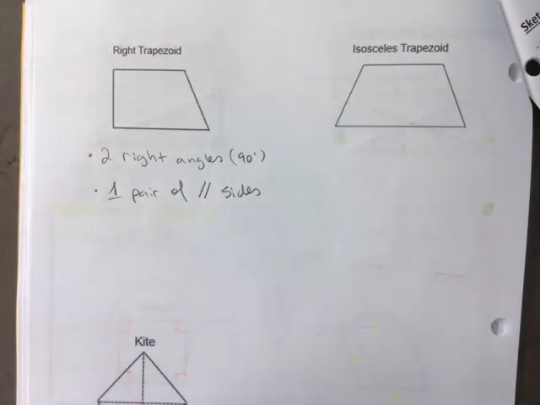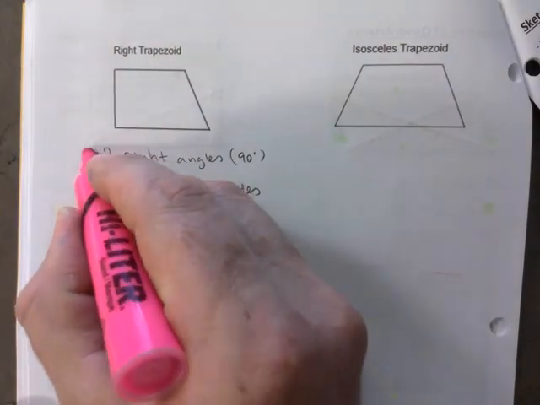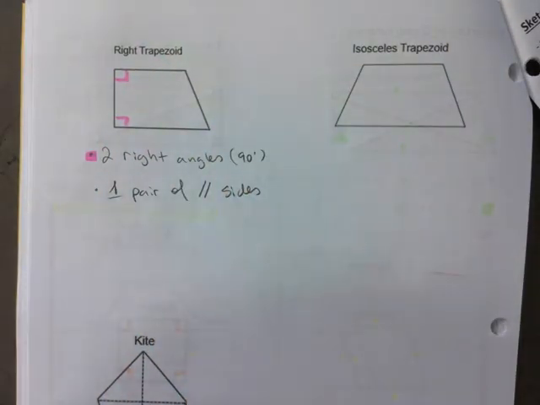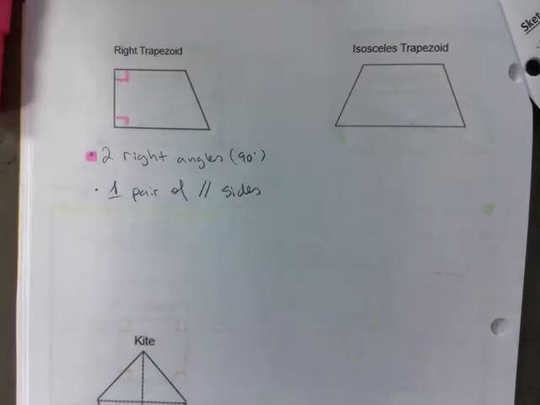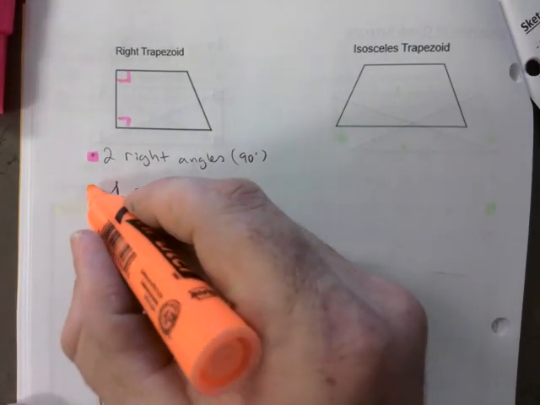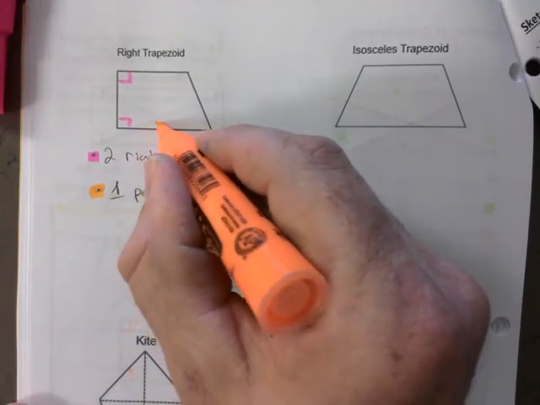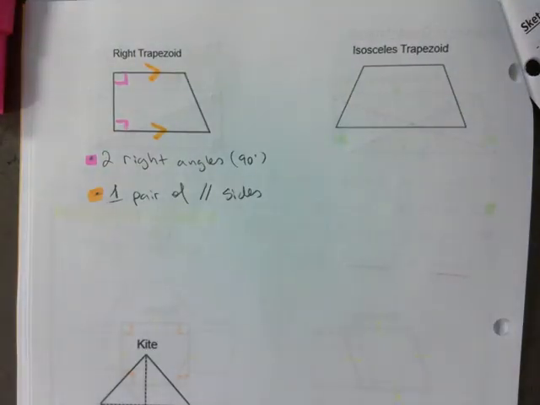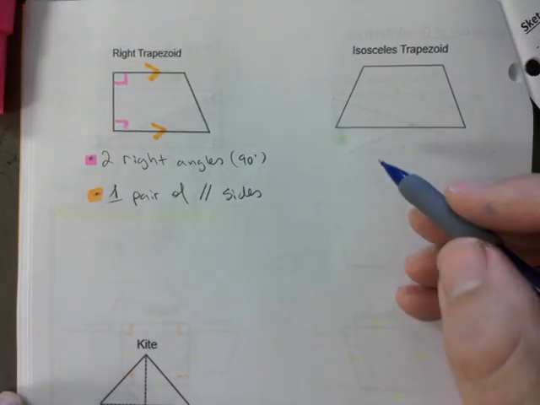And for the angles, I'm just going to put a little marker there, and obviously it's these ones. And the parallel sides, I'll just use orange. So we just indicate it by having arrowheads like that. So those two lines will never meet. That's it.